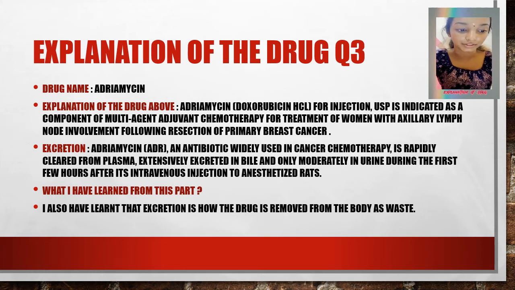For excretion, adriamycin is an antibiotic widely used in cancer chemotherapy. It is rapidly cleared from plasma and extensively excreted in bile, or only moderately in urine, during the first few hours after its intravenous injection to ethylized rats.